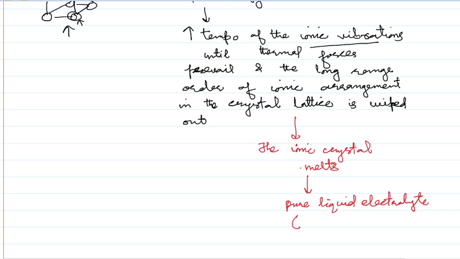That means we obtain simply a pure liquid electrolyte having positive and negative ions. So this is the one method, just by supplying heat energy, it will simply melt the crystal and we will get a pure liquid electrolyte, and thus we can get the ions.